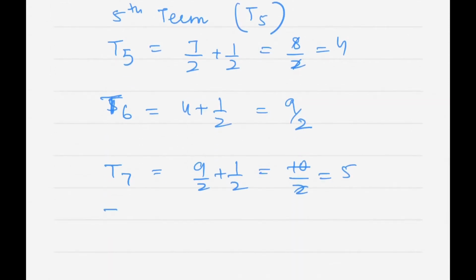One more term, T8 will be equal to 5 plus half, so 5 and a half, which is equal to 11 by 2. So I have got these as my next terms: 4, 4.5, or 9 by 2 is also fine, then 5 and 5.5.